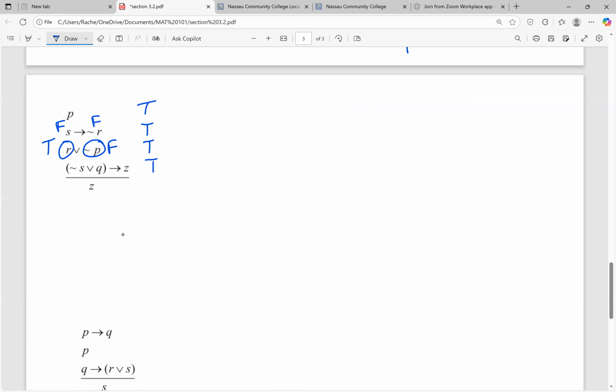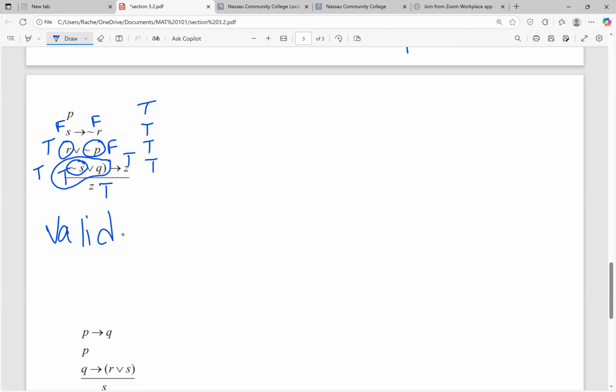So S is false. So then not S is going to be true, and true or anything, Q, is going to be true. So the left-hand side of this conditional is true no matter what, which forces Z to be true in order for this conditional statement to be true, and Z is our conclusion. So we just showed that this argument's valid.